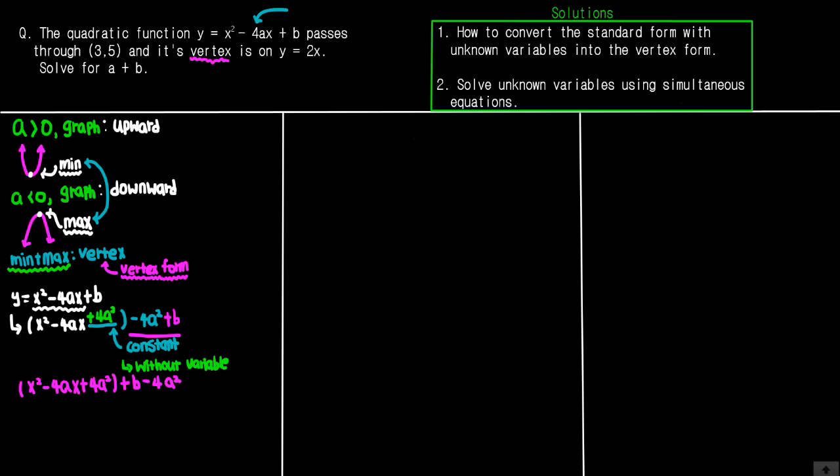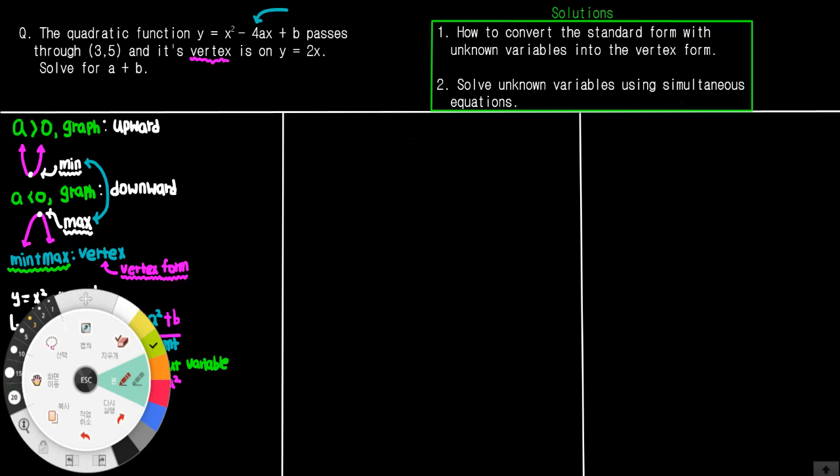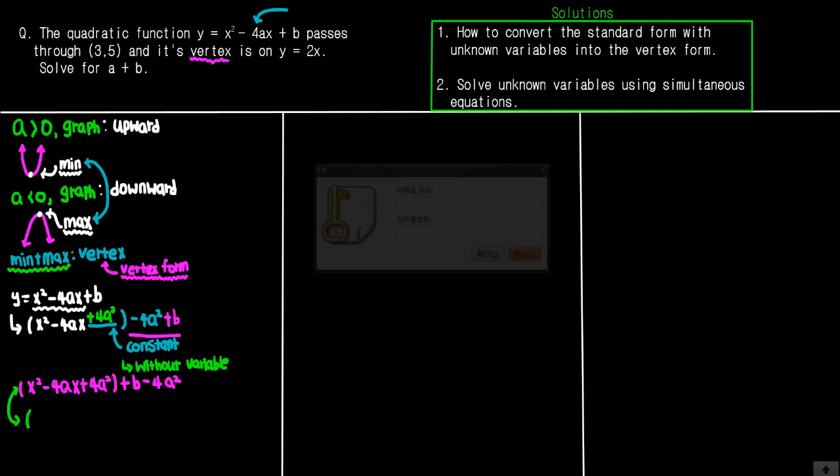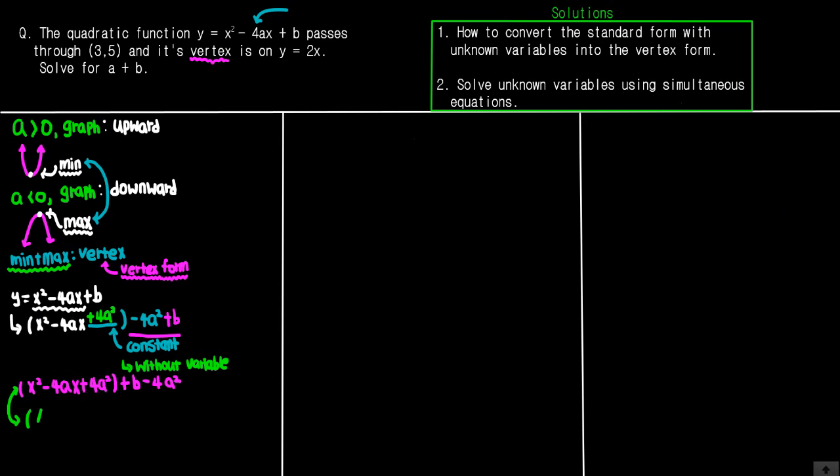We can simplify, or we can make this simple term x squared minus 4ax plus 4a squared into a perfect square. So if we make this into a perfect square, it will be x minus 2a, squared.